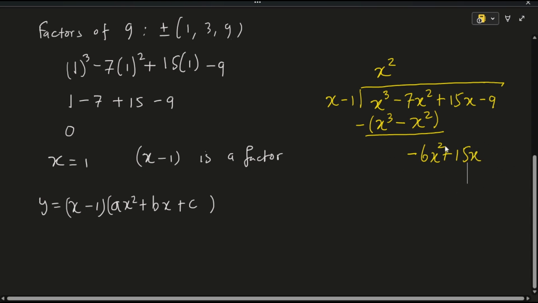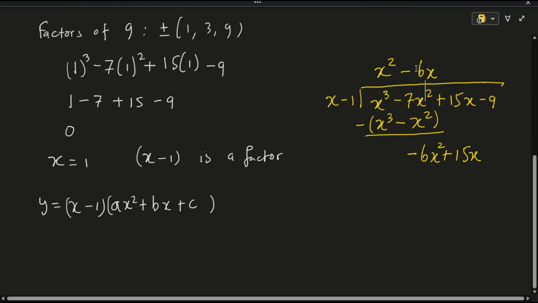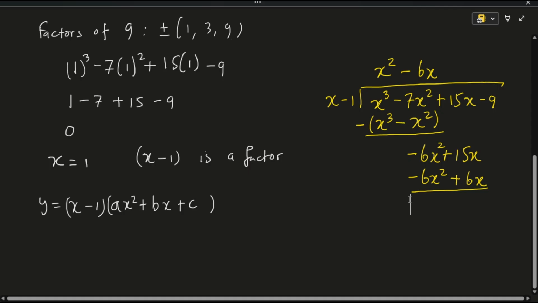We're going to divide the first term of this expression with the first term of this divisor, and we're going to have, and we're going to multiply this with the divisor. Then we are going to subtract it.